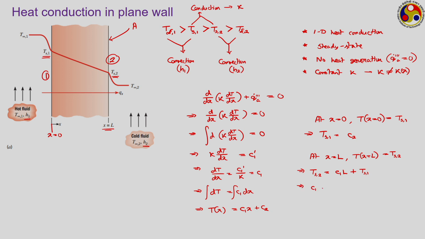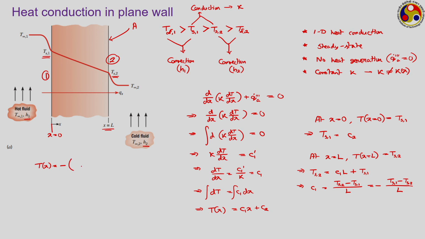Now, we have got C2 is equal to Ts1, so C1 now becomes Ts2 minus Ts1 upon L, or as we know that Ts1 is higher than Ts2, it is better that we write this one as minus of Ts1 minus Ts2 upon L. So, what becomes our temperature profile then? T at x is equal to C1 x plus C2.